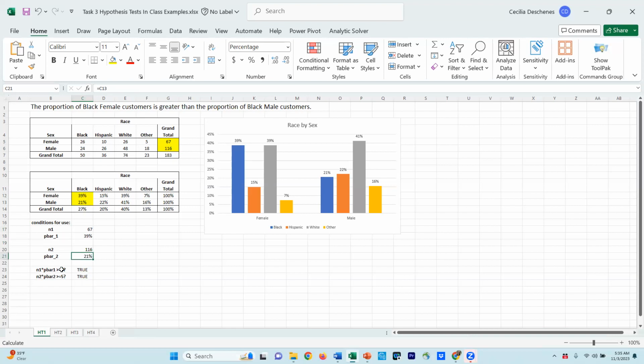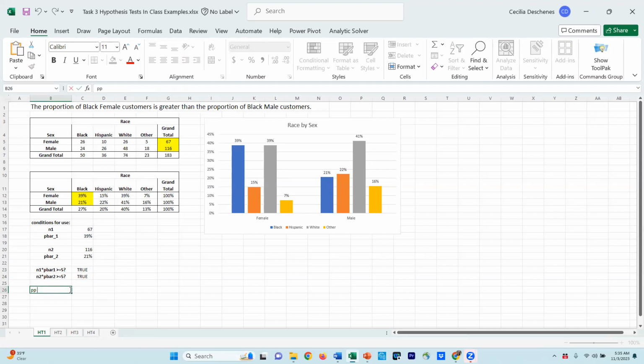Then we're going to multiply these together and figure out if they're greater than or equal to 5, and that is what I'm doing here. I just ask Excel to tell me the answer for that. So again, it's just a way to automate the decision. So yes, it's true. They're both true. I could actually have a third condition that they both have to be true to use the test, but I'm going to skip that. I think it's pretty obvious.